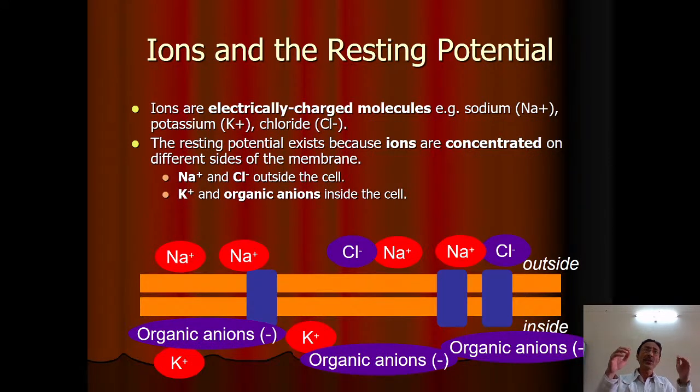This potential of minus 61 millivolts, at which further diffusion of potassium ions will stop, is called the Nernst potential for potassium ions. So now we have two Nernst potentials, one for sodium ions, another for potassium ions.